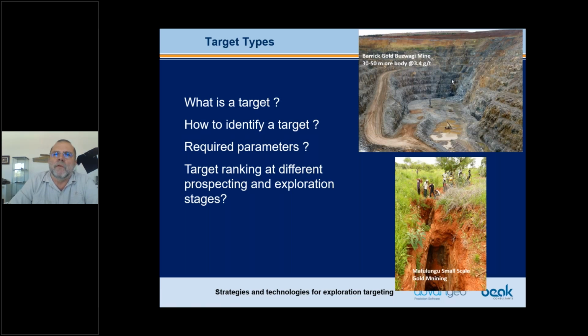It's marked here by these blackish colors and is dipping steeply down. The end is open. Here another type of target, a narrow quartz shear zone, bearing gold, close to the village of Mafalungu, mined by small-scale miners in Tanzania as well.